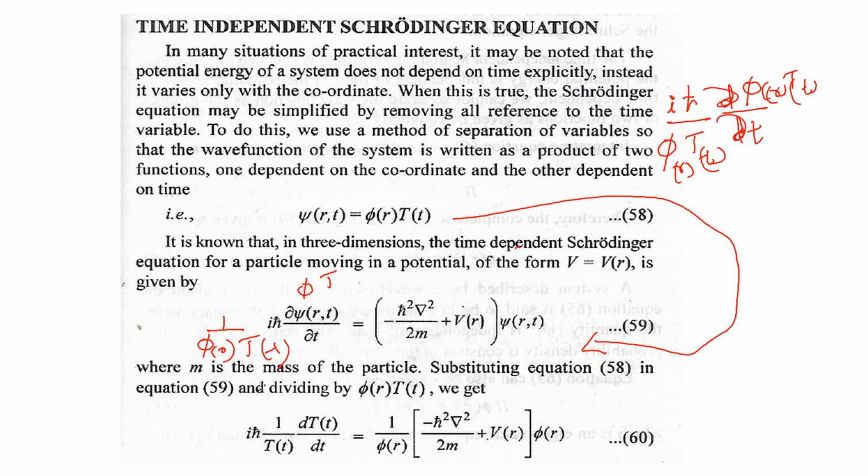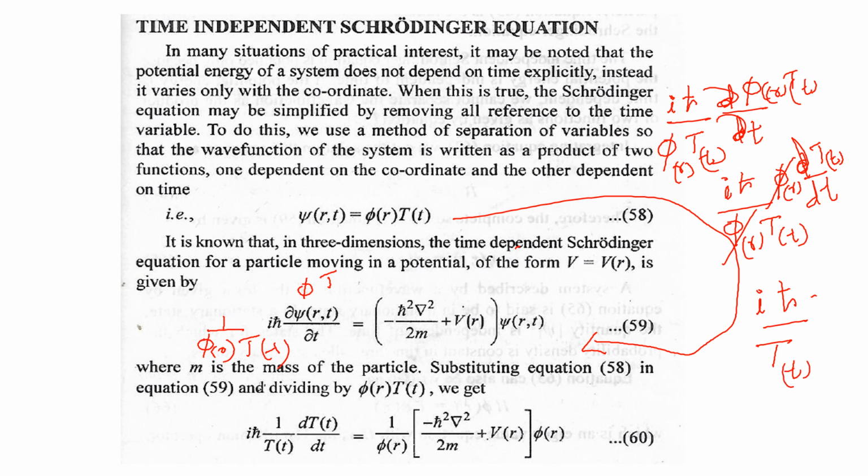But here we know that T is a function of t, so phi of r can be taken outside the differentiation. No need for partial differentiation now. So phi cancels, and what remains is i h-bar divided by T of t, dT by dt. That is the left hand side of this equation.